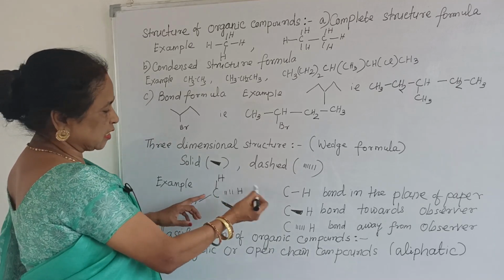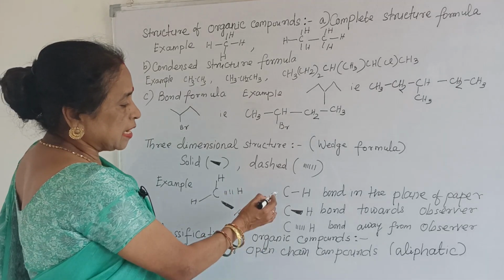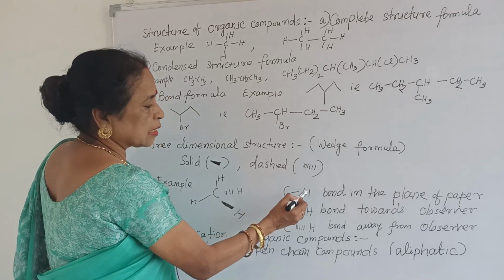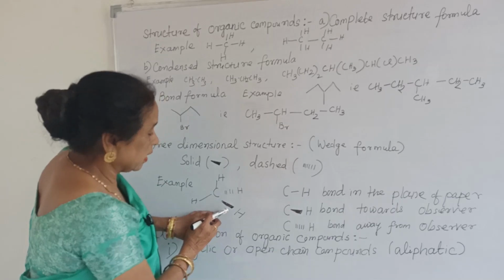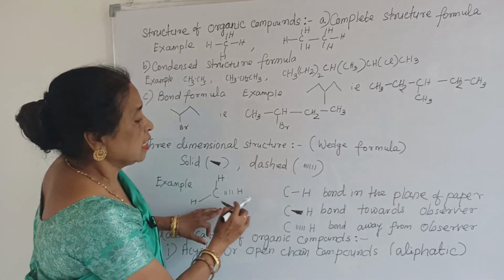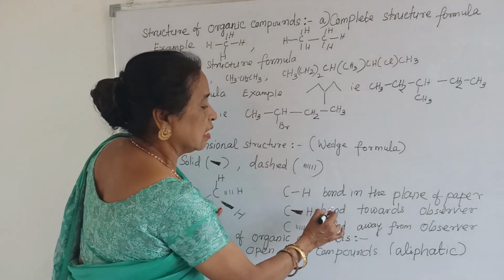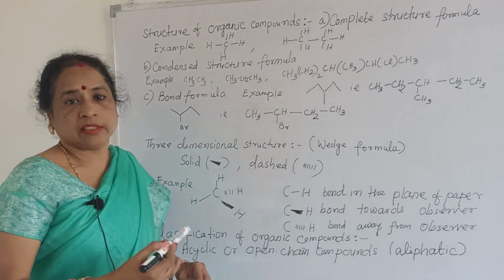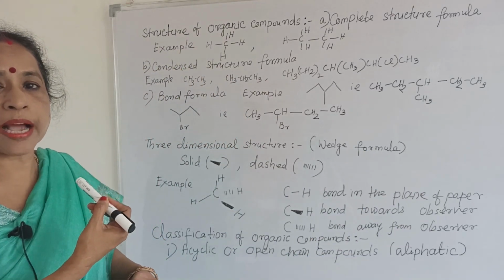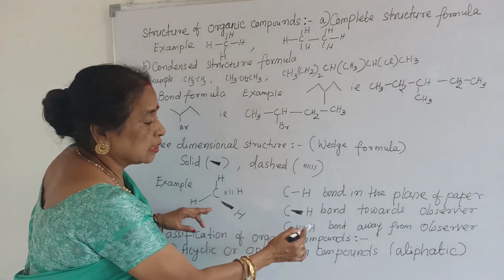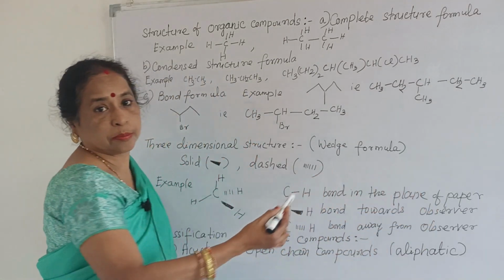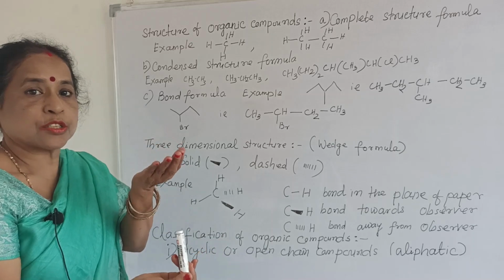So what is the indication of these four bonds? If there is a single bond, that means the bond is in the plane of paper. If there is a solid bond, that means towards the observer. If solid, then towards the observer, I can see easily. If there is a dash form, the bond is away from the observer, that is the back side of the structure.